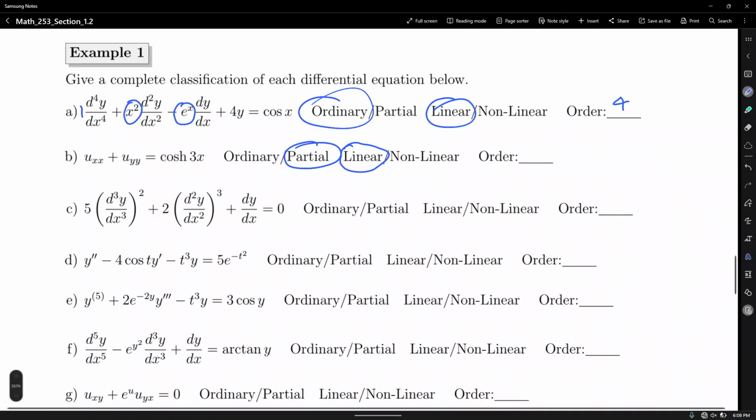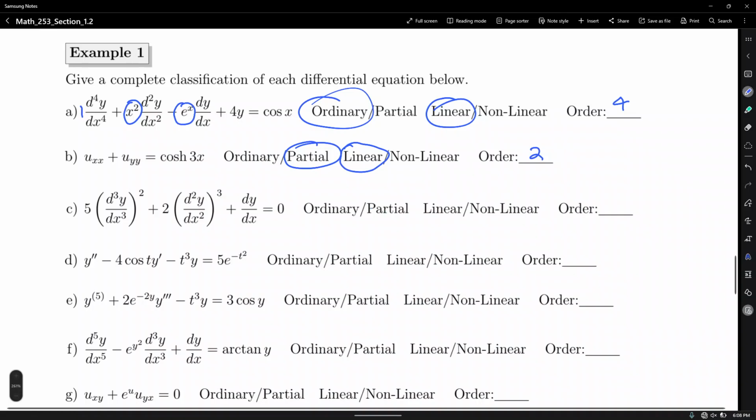Number 2, there's no product between any of these u's, and the other function right here is not a function of u. It's a function of one of the independent variables. So that makes it linear. What's the order? Looks like it's order 2, right? So second partial with respect to x, second partial with respect to y. Well, that makes it second order.